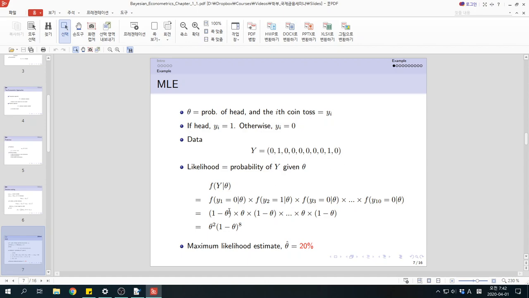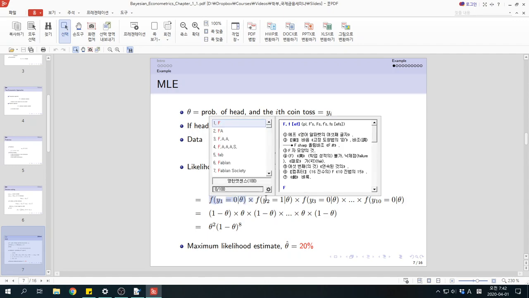The probability that y1 equals 0, times the probability that y2 equals 1, because the second outcome is 1, then the third is 0, the fourth is 0, and so forth. So we have 10 density terms.